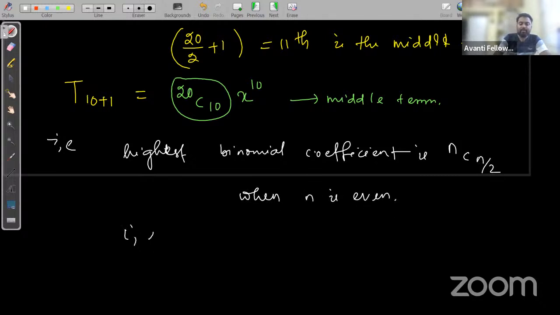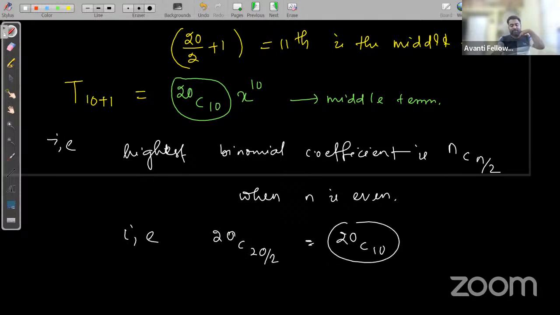That is 20C(20/2), which is 20C10. This is the highest binomial coefficient. Remember, you can note it. We already discussed this in the previous slide also.